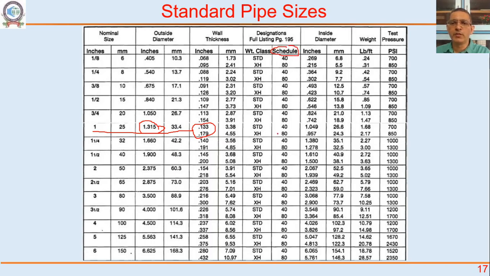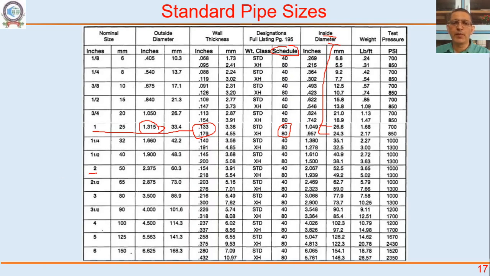So you have two schedules, schedule 40 and schedule 80. If it's a 1 inch pipe, schedule 40, the inside diameter where flow is occurring would be 1.049 inches. It will be 26.6 millimeters, approximately 1 inch, but not exactly. If it's a schedule 80 pipe, the inside diameter would be 24.3 millimeters.